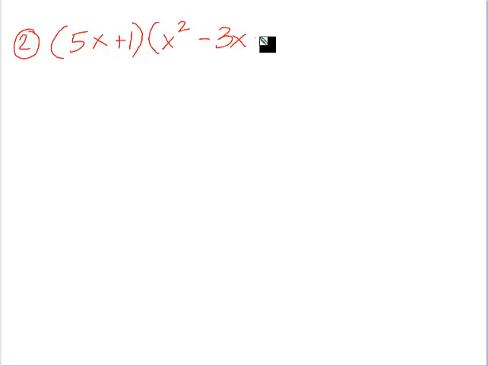So let's see, example 2. 5x plus 1 times x squared minus 3x plus 7.